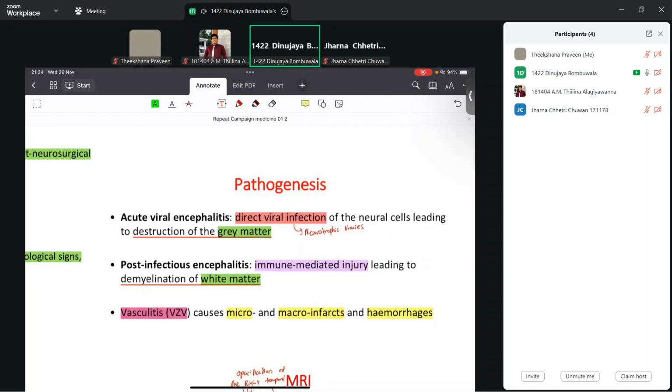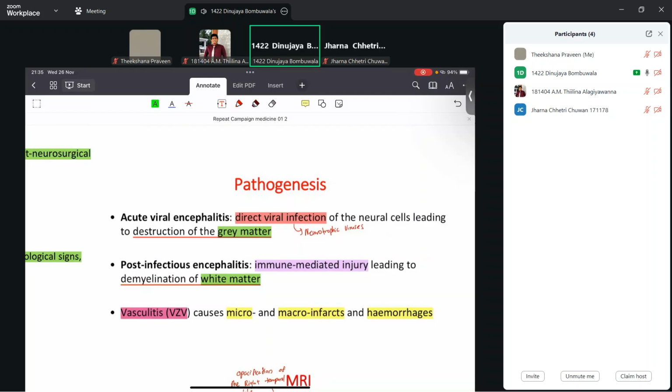The bacterial one is a bit of a bad thing, but viral encephalitis is the one we mostly talk about, because there are some permanent and severe post-neurological sequelae. So we have to treat it then and there.